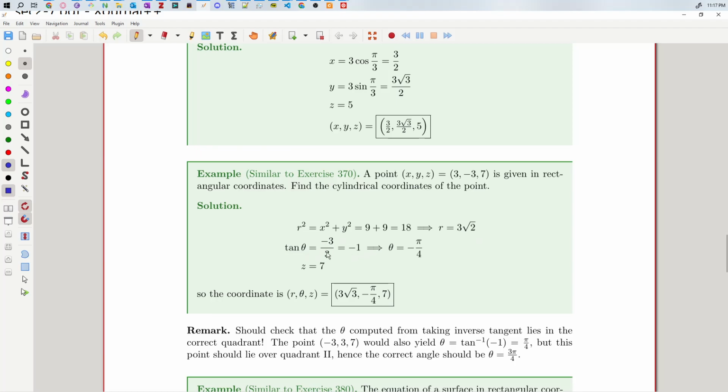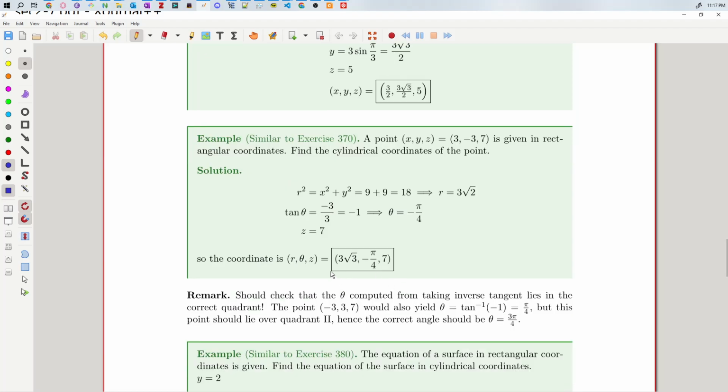And then for theta, after you plug in y over x, you take the inverse tangent, and you'd get minus pi over 4. This is where I don't stick with that convention of making it lie between 0 and 2 pi. I'm totally happy with naming this point with theta being minus pi over 4. That, to me, is quite reasonable.